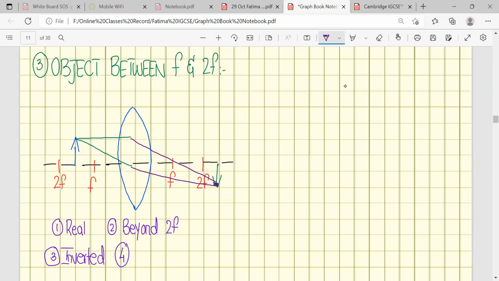And what about the size of the image? Is it magnified or small in size?